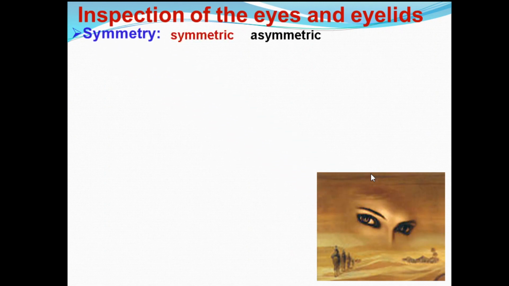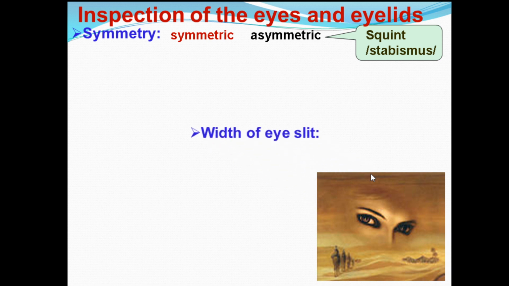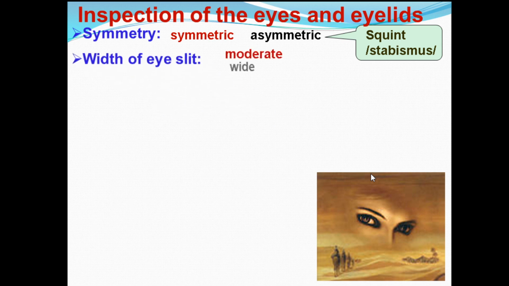When we inspect eyes, again, first of all, we'll pay attention to the symmetry, normally symmetric, in pathology asymmetric, which is called squint or strabismus, which may indicate some pathology of the nerve, endocrine or brain affection. We'll pay attention to the width of the eyes.